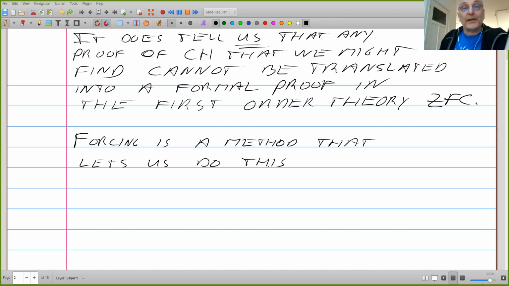It's a systematic way of doing this. It will let us, given a bunch of formulas, build a structure where those formulas are valid, and the one that we would like to prove unprovable is not. Okay, so that's the word that I was looking for, systematically.